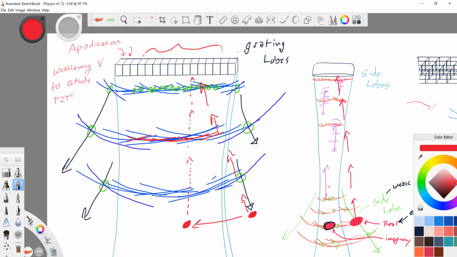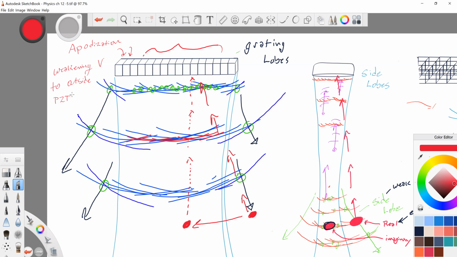Since lobes are created, reducing the strength of the side and grading lobes can be achieved through a process called apodization. And if you are a quick learner, on page 193, he says, since lobes, this is the first paragraph, since lobes can create artifacts, it is best to eliminate them. Reducing the strength of side and grading lobes can be achieved through a process called apodization.